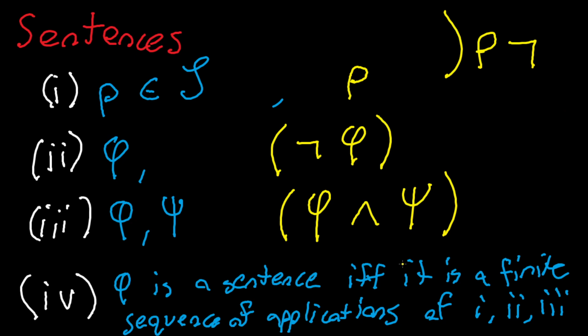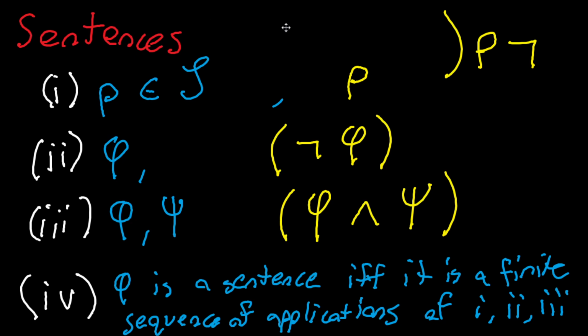And that's important, because if I erase bullet point 4 at the bottom, it would still be consistent with 1, 2, and 3 for everything to be a sentence, right? We definitely need the only if that says not only is this how you build sentences, but this is the only way to build sentences. Okay.